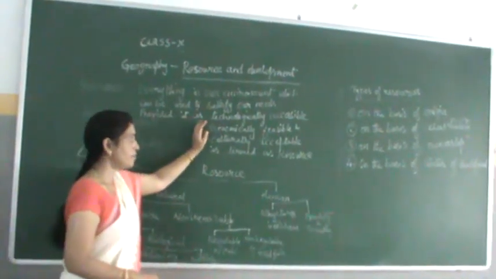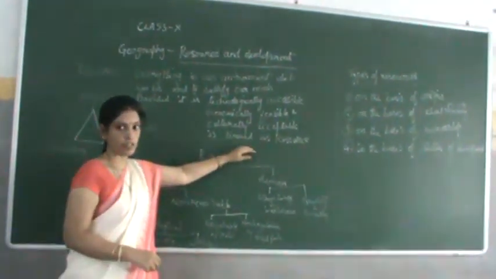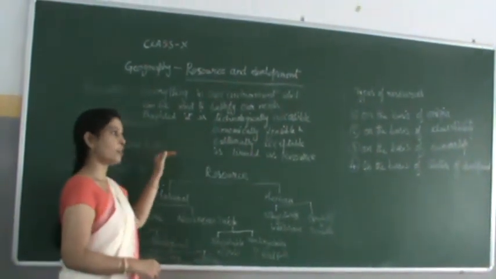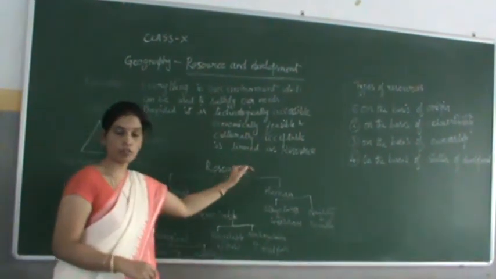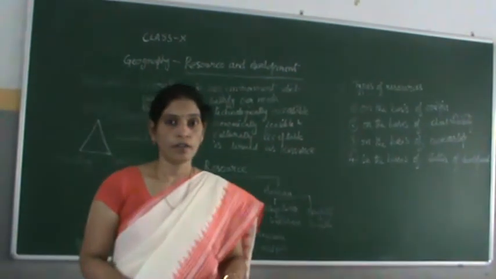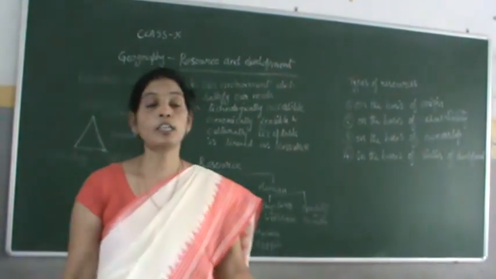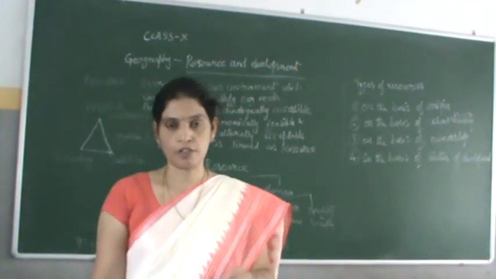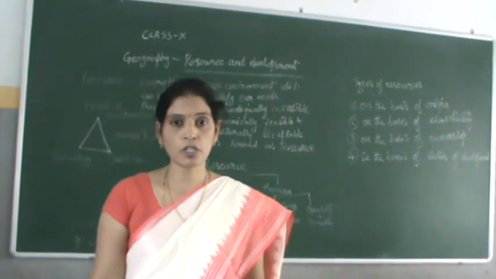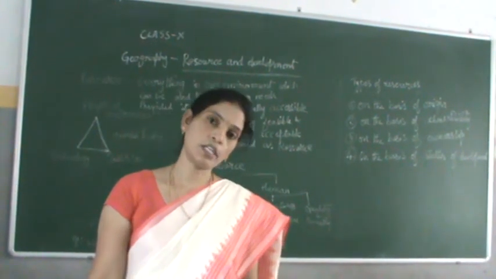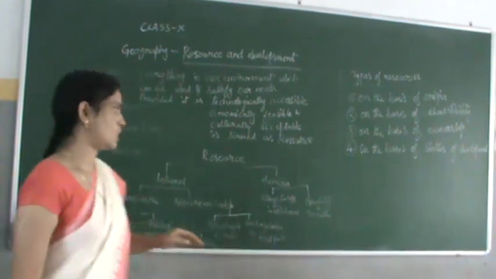Then, when we know the definition of resource, from the raw material stage to the resource stage, there is a process. That process is nothing but transformation. The transformation of resources from raw material stage to the resource stage.